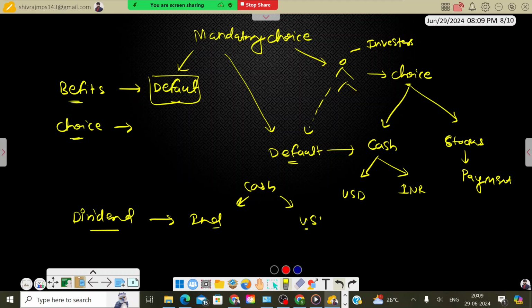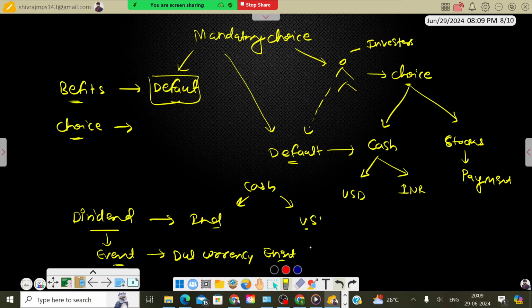So this is what becomes your dual event. Basically, the dividend is treated as an event, and this event becomes your dual currency event.